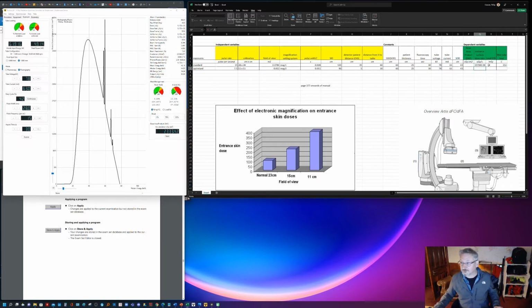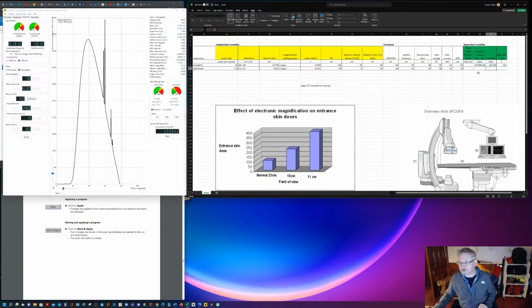So that gets us that many micrograys per second. And if we convert that into milligray, that equals that divided by 1,000.